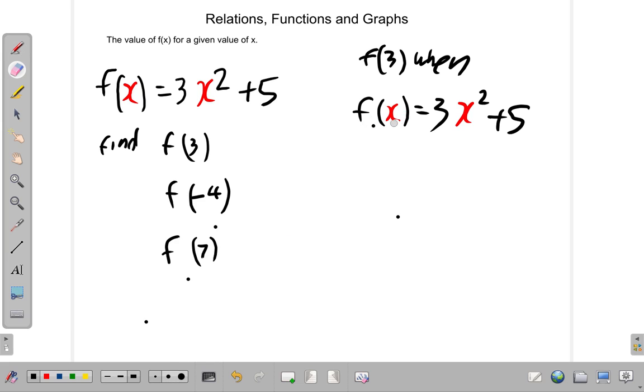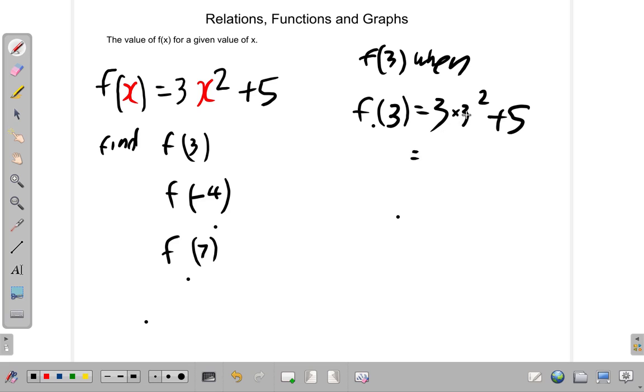So what we'll have to do, remove the x, and where the x was, we put 3, because we're dealing with f of 3. Same here. We're going to remove the x from here, and then remember 3x squared means 3 multiplied by x squared, so it's going to be 3 multiplied by 3 squared.